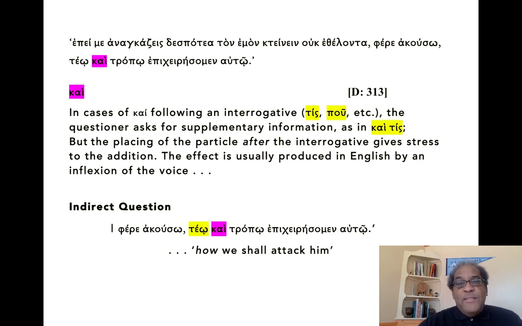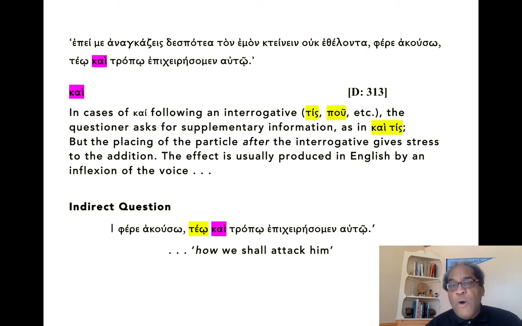Now, the next one, this use of kai, is my favorite of the three, and you'll see why in a second. Epei me anankazes despota ton emon tenen ouk ethelonta, pere akouso, to o kai tropoi, epikheiresomen autoi.